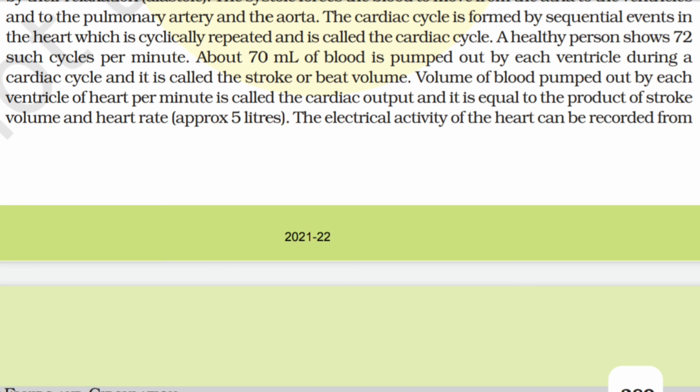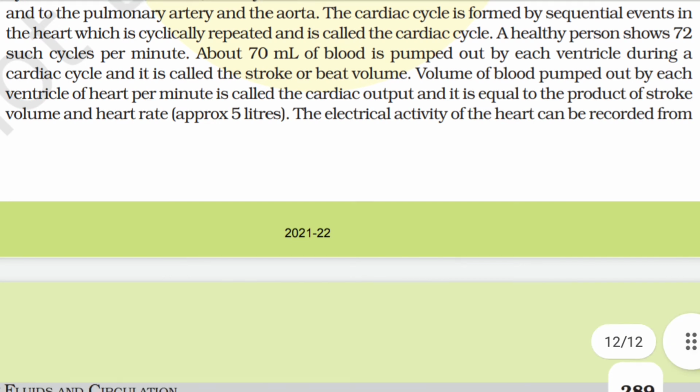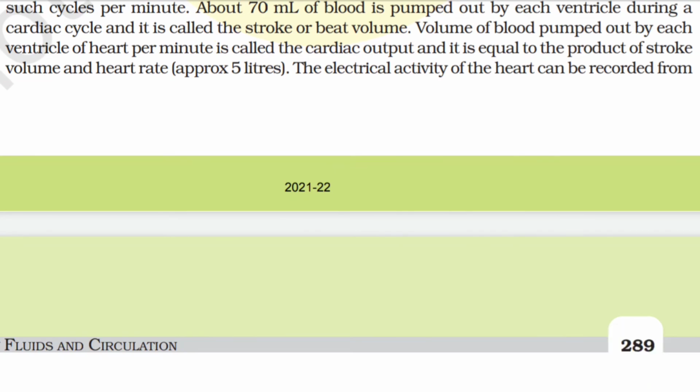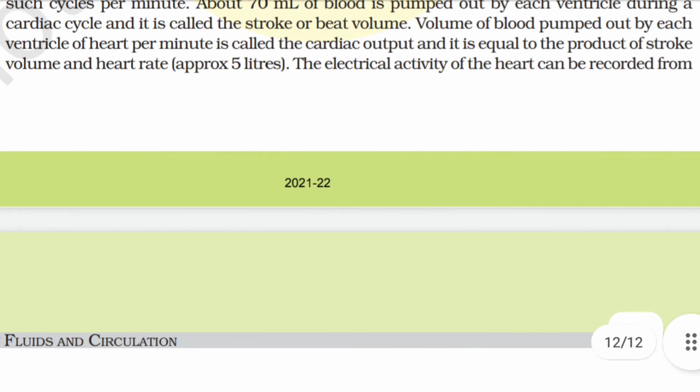A healthy person shows 72 such cycles per minute. About 70 ml of blood is pumped out by each ventricle during a cardiac cycle, and it is called the stroke or beat volume. The volume of blood pumped out by each ventricle of the heart per minute is called the cardiac output, and it is equal to the product of stroke volume and heart rate, which is approximately 5 liters.